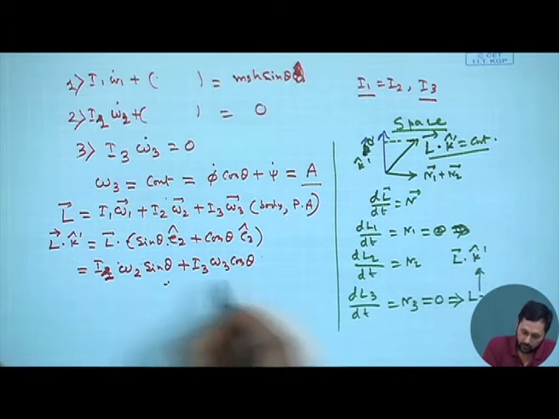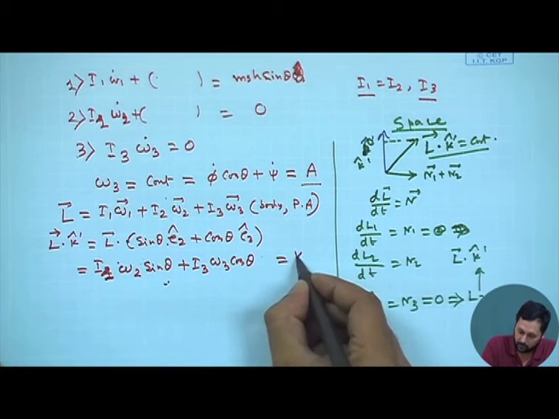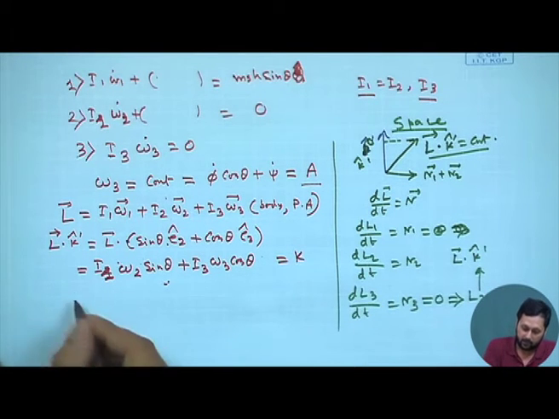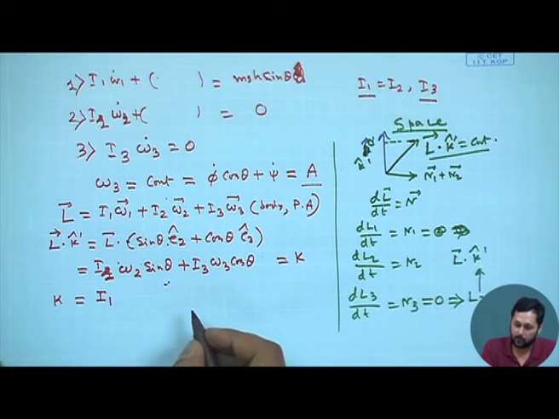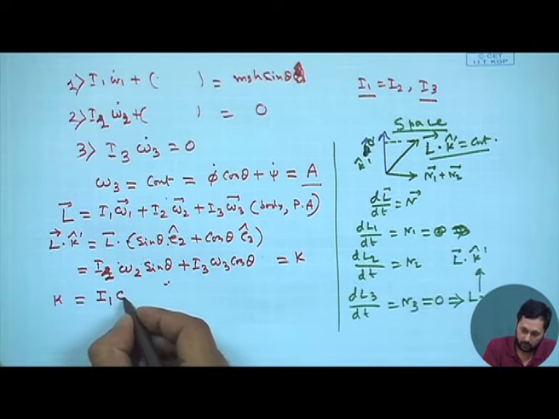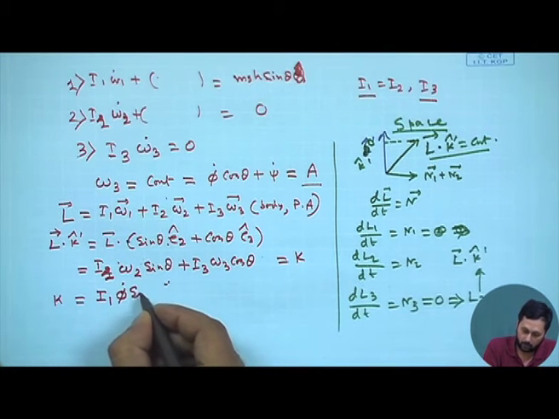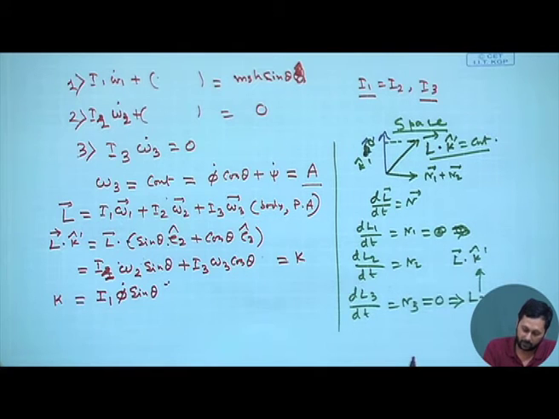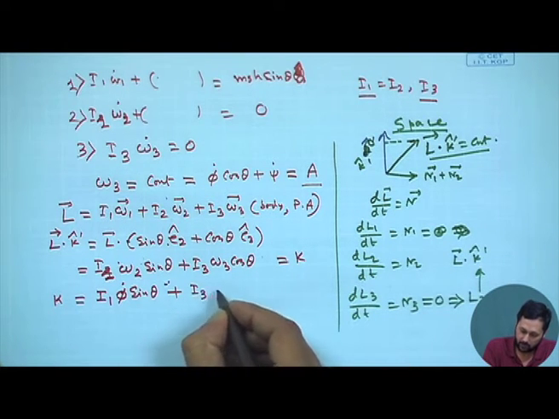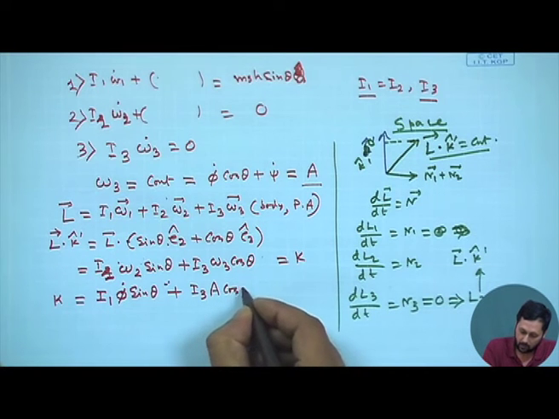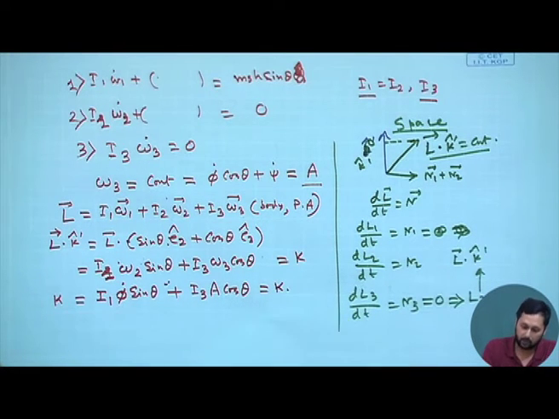So, if we call this whole thing equal to some constant K, then we can say K is equal to I1, and omega 2 is phi dot sin theta, right, plus I3 A cos theta is equal to K.